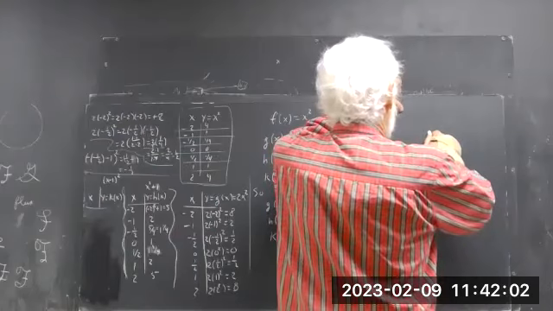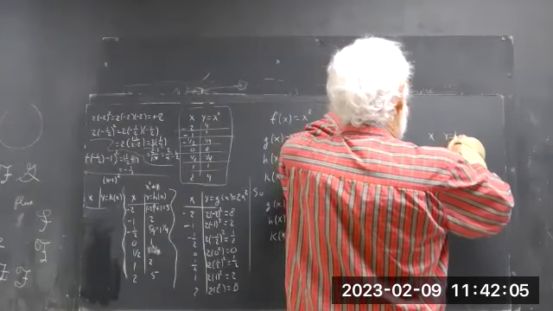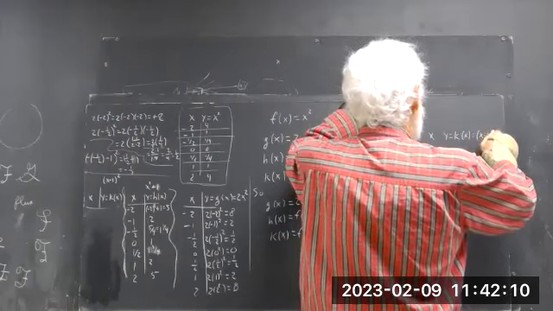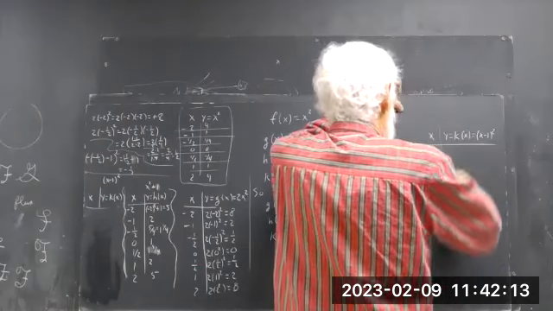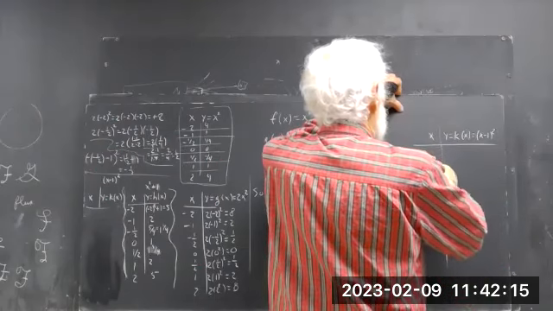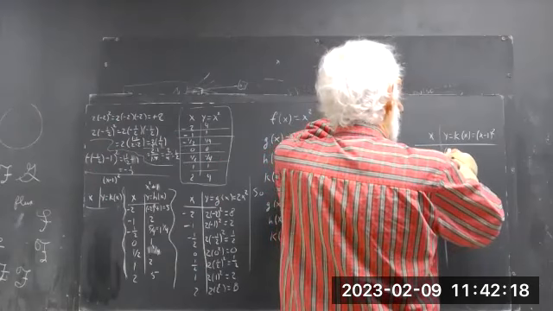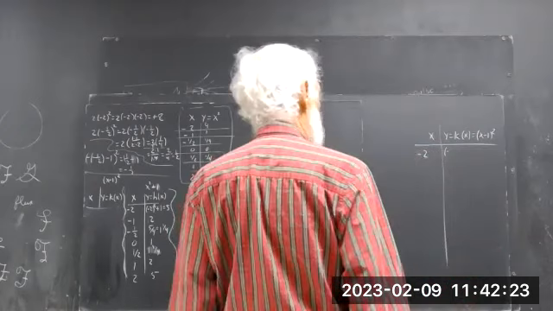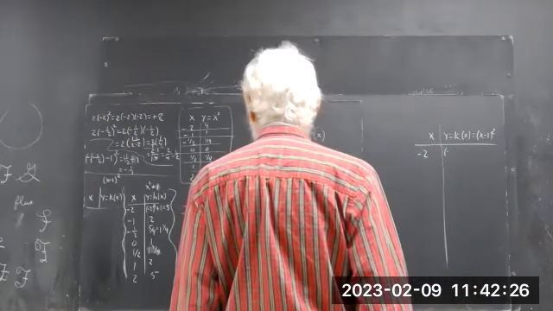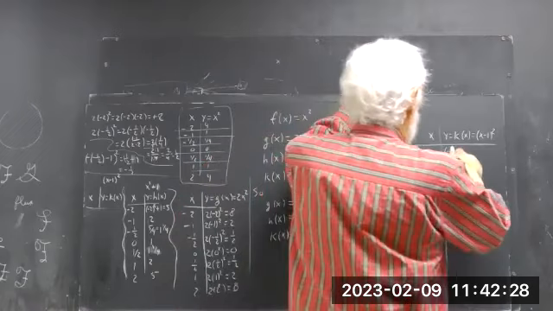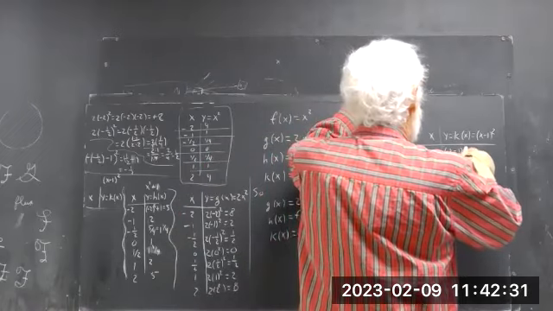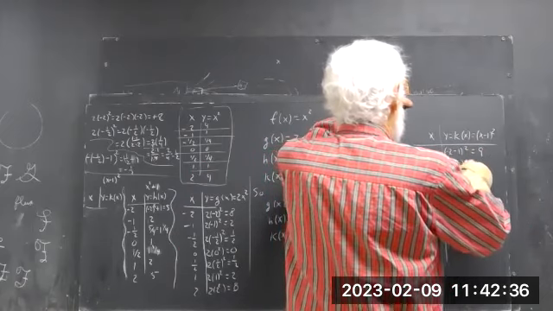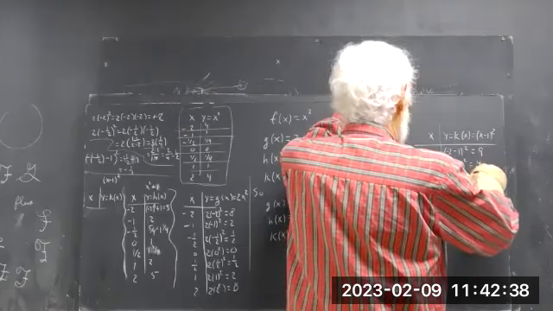Okay, you got x. X is -2, y is 9. X is -1, you get -1 minus 1 squared, which is -2 squared, which is 4.